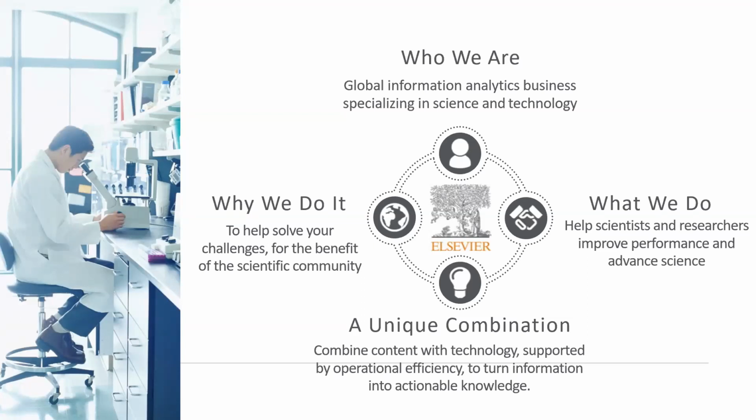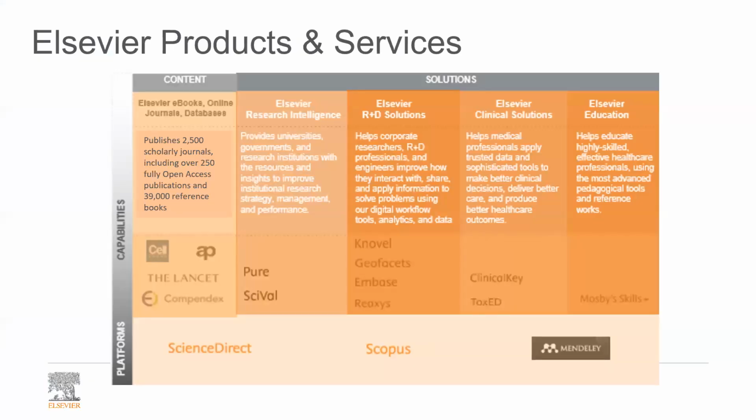Based on that, we can see from this slide many products or services. I just call these products and services tools. One of these is smart tools that specialize in a specific field. I can go through one of these, like Compendex. You can see other platforms like Novel and GeoFacets.